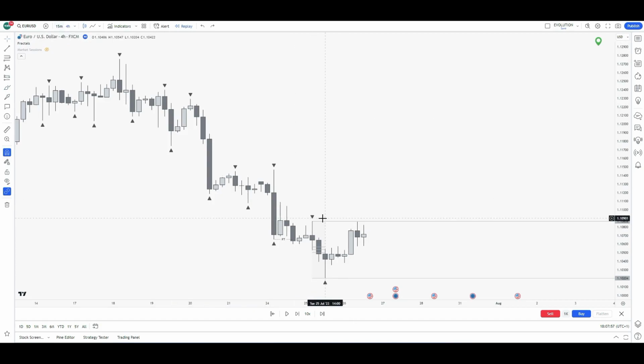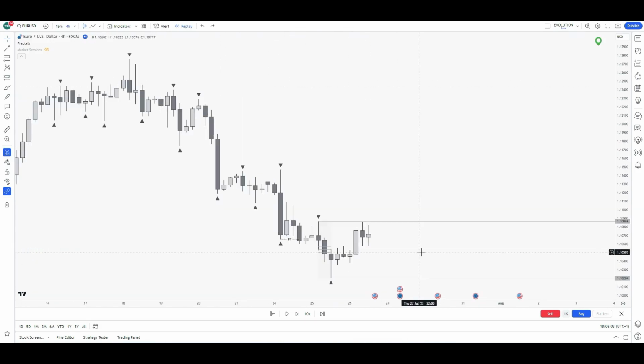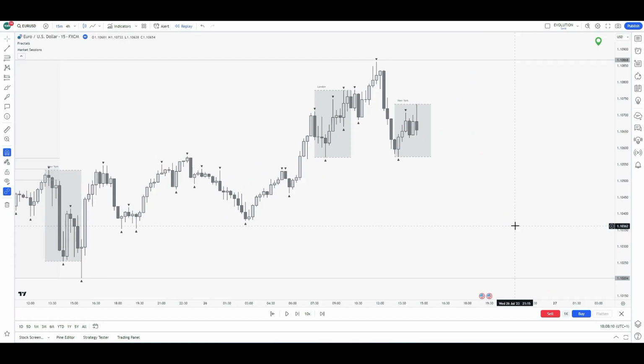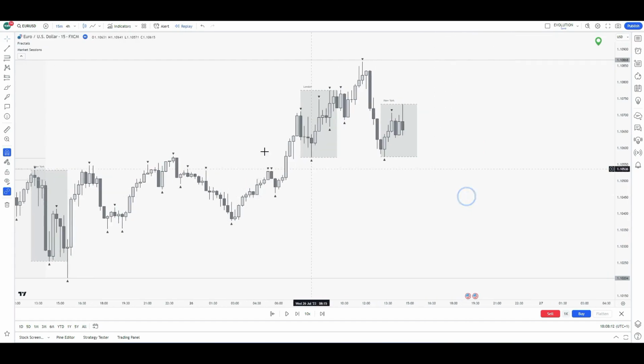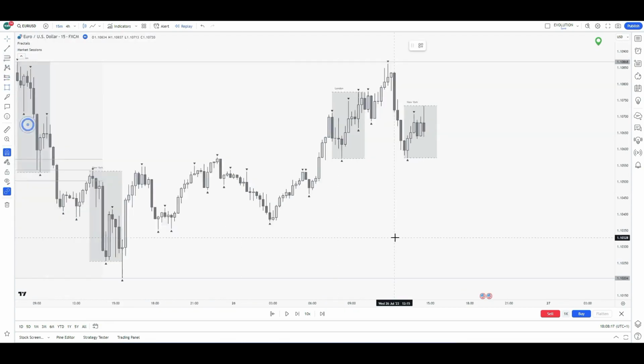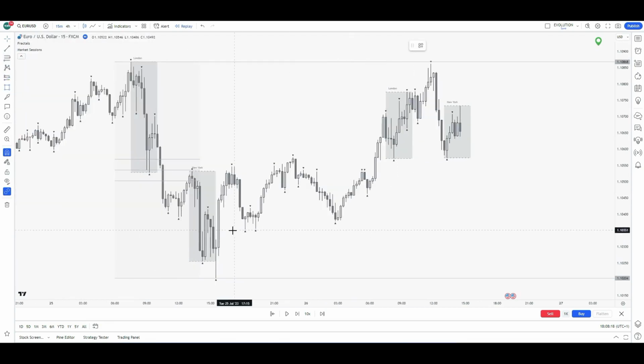So we know our 4-hour dealing range, we know our premium and discount, we know our directional bias, and we can understand what has happened to price. If we drop down to the 15-minute here and begin to draw on our dealing range, let's start with the lowest point in price here and track back to find the high there.